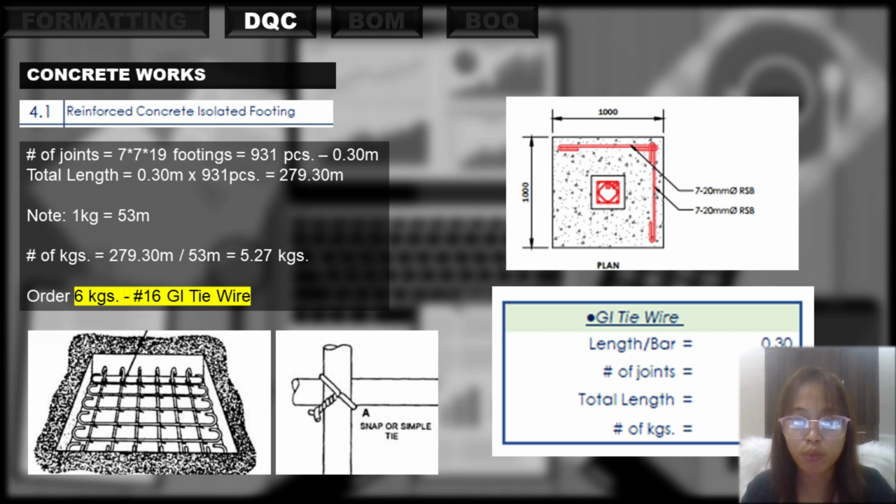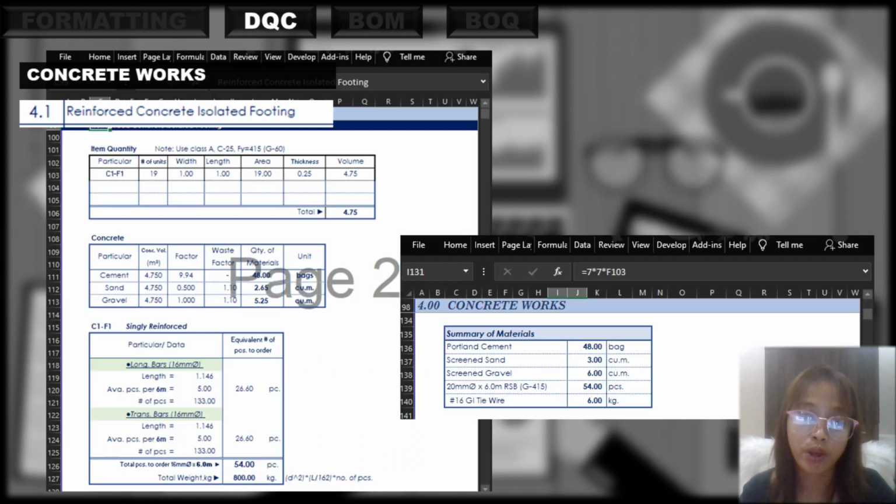And since 1 kilogram of tie wire is 53 meters, we divide 279.30 meters to 53 meters, which is now equal to 5.27 kilograms or say order 6 kilograms of tie wire.